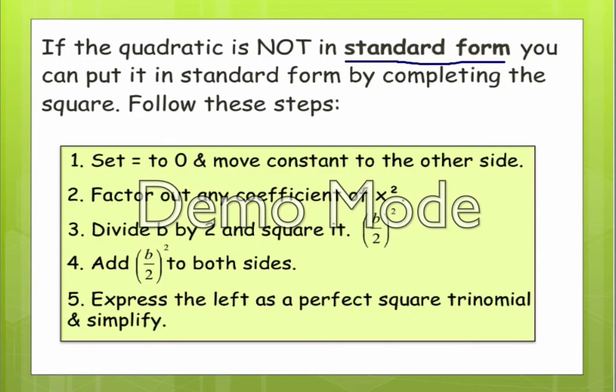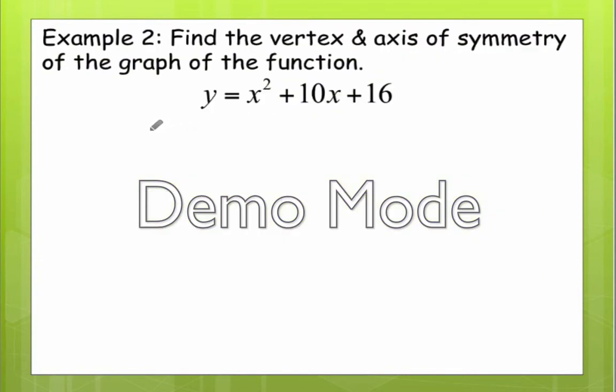Okay, so step 1, set it equal to 0 and move the constant to the other side. So let's see. Set it equal to 0. And move the constant to the other side.